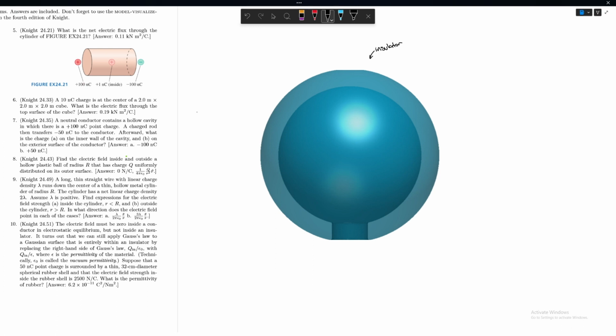And what we're saying is the electric field inside and outside a hollow plastic ball of radius r. So the radius here is capital R. That has the charge Q uniformly distributed on its outer surface.